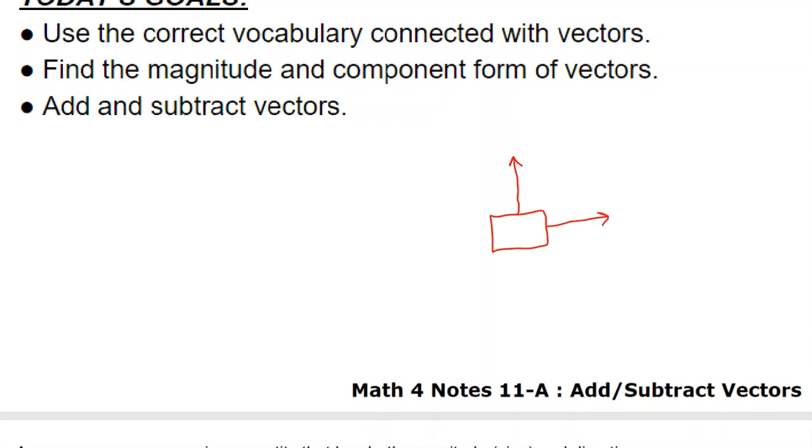Well, if somebody's pulling up, somebody's pulling that way, it's eventually going to travel in that direction. And so vectors allow us, with the use of the arrows, so to speak, to talk not only about what direction the force is being used, but also the magnitude of the force.